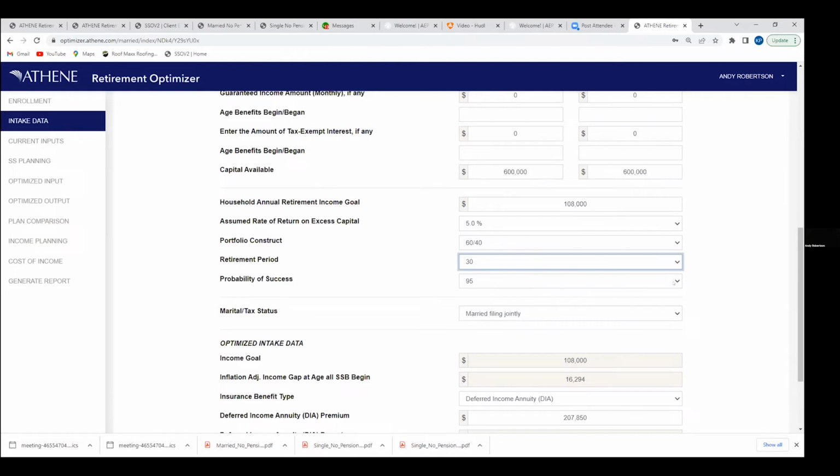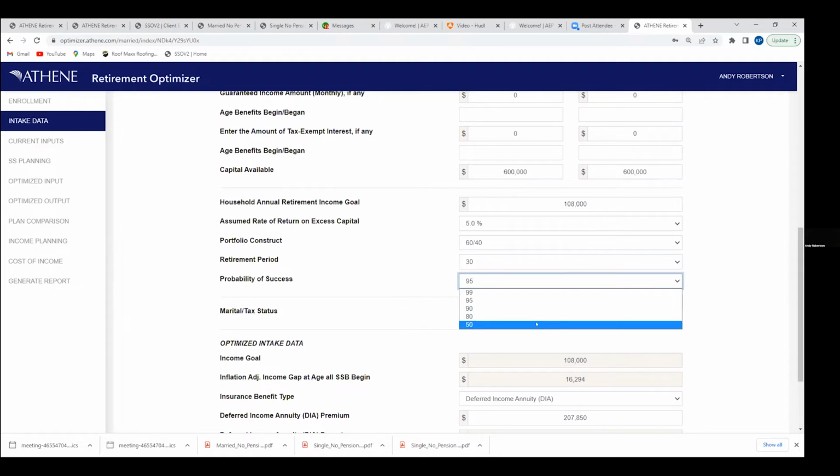And then what do we want the probability of success to be? We offer anywhere from a coin flip 50 to 99. I use 95. You could use 99. What I'll tell you is the initial net safe withdrawal rate becomes a sub 2% number. And when you do that, you may find yourself defending your position.